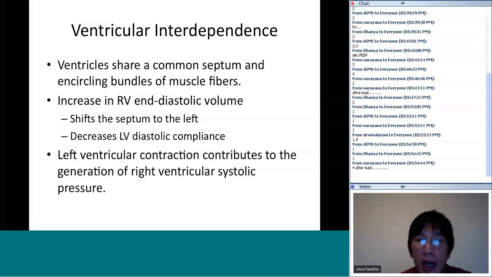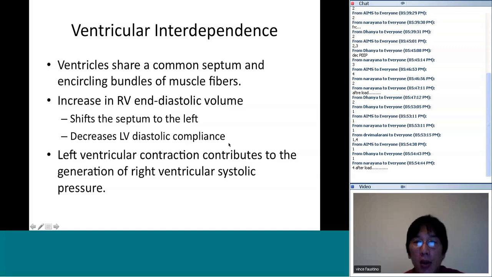And then as the right ventricle enlarges, it pushes the septum to the left. So the compliance in the left ventricle decreases. So whatever blood gets transmitted from the right ventricle to the left side of the heart, it's much harder for the blood to go into the left ventricle because of a decrease in the compliance.